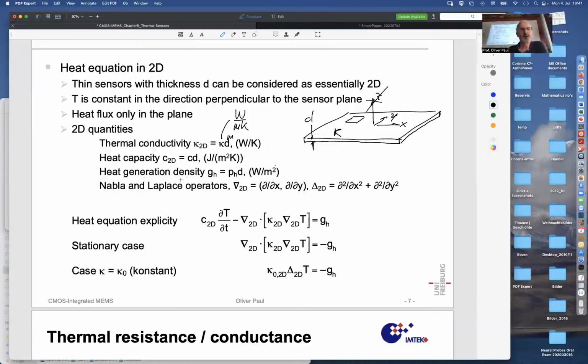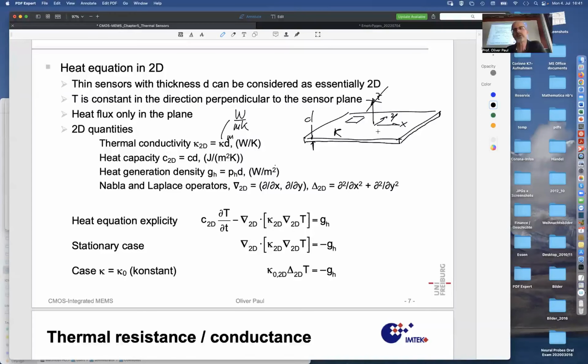And then heat generation or heat loss density is now written as G, the volumetric thing that happens here per volume, integrated over the thickness, or if it's homogeneous, it's just p times d, and then it has units watt per square meter.